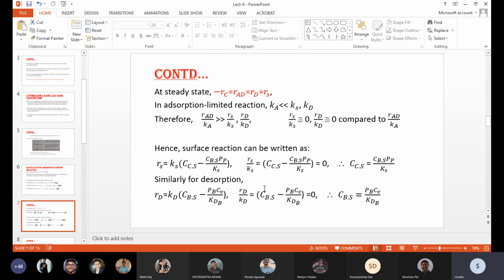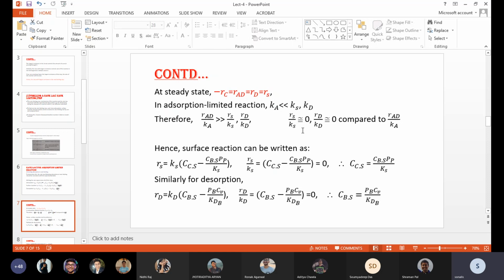But don't make the mistake of thinking that Rs is 0 or Rd is 0. It is not. Rs, Rd, Rad are all equal. They have a definite quantity. But whenever you divide Rd and Rs by their rate constants, which are very big, as a whole the quantity becomes very small. So the rate cannot be 0.